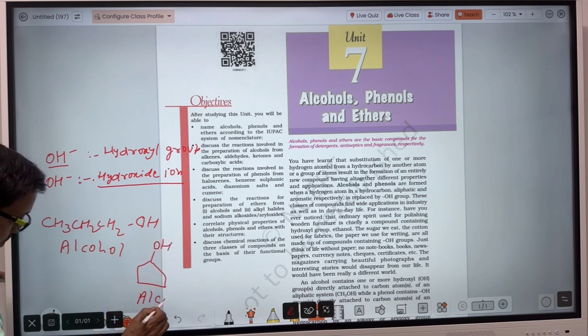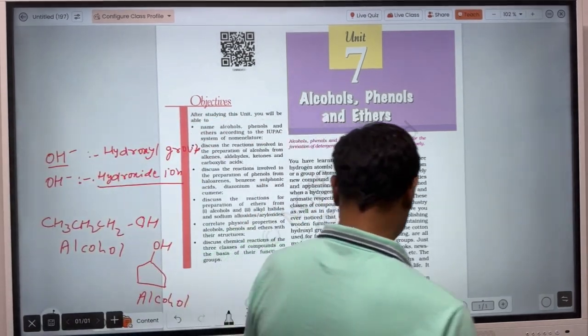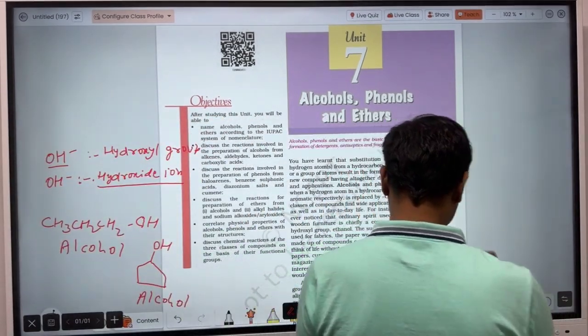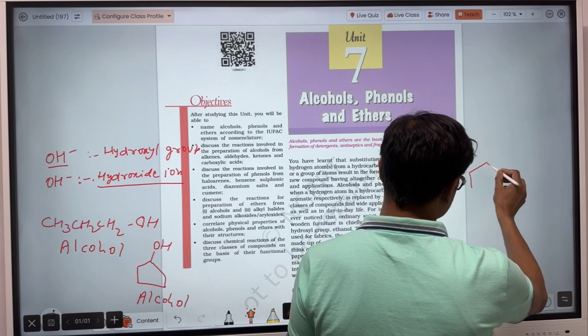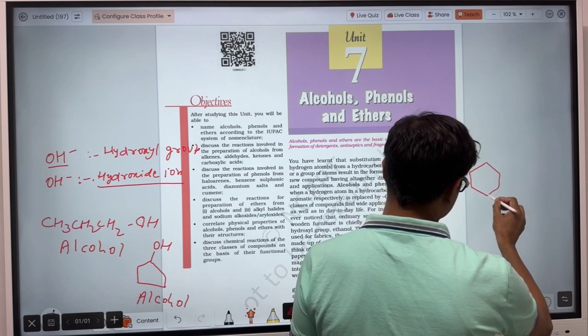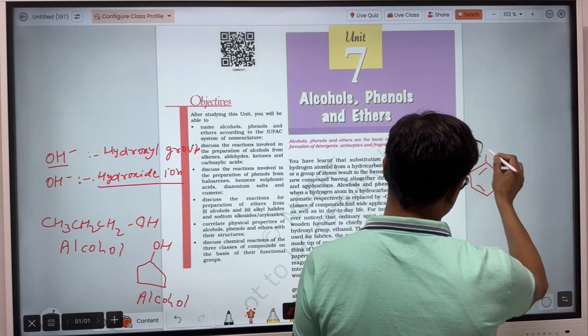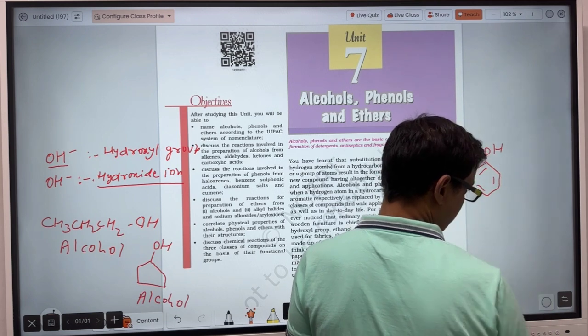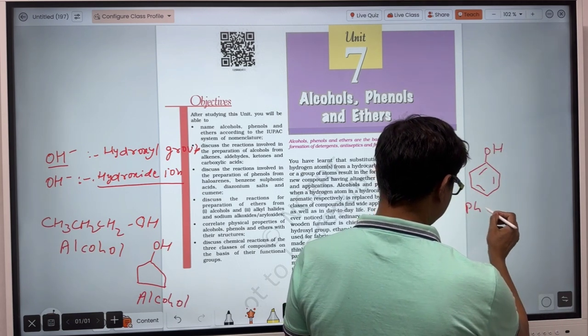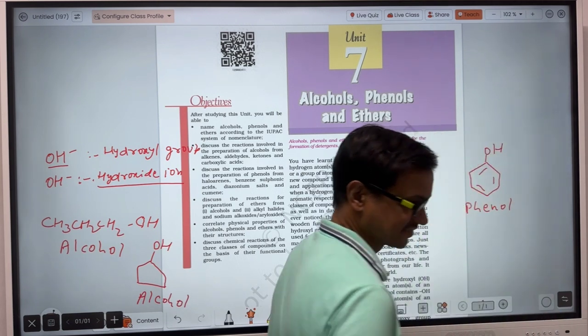It is also alcohol. And when the hydroxyl group is bonded to benzene, that is an aromatic hydrocarbon, then that will be called phenol. When OH is bonded to an aromatic hydrocarbon, that will be called phenol.